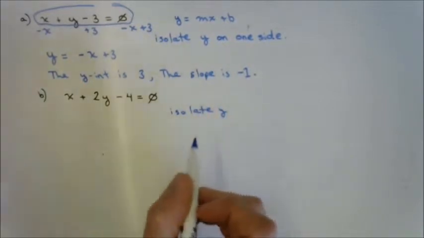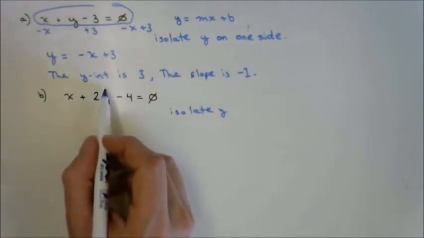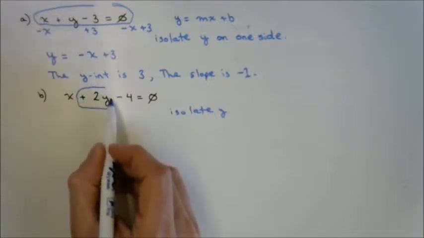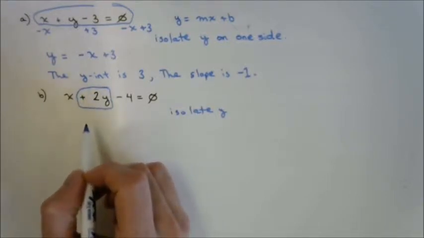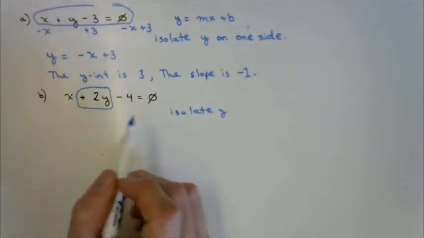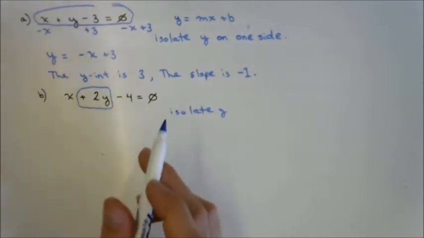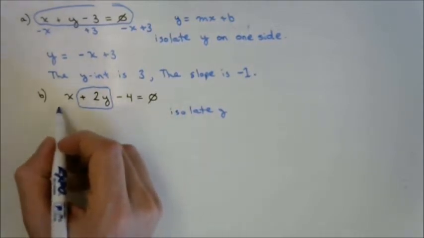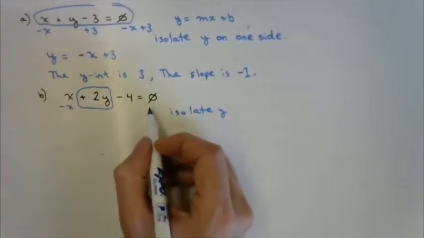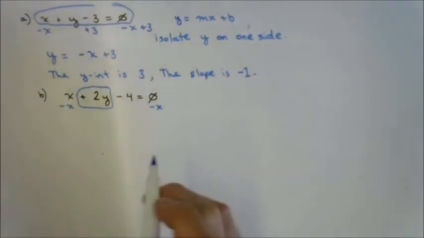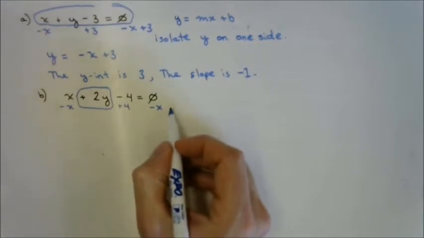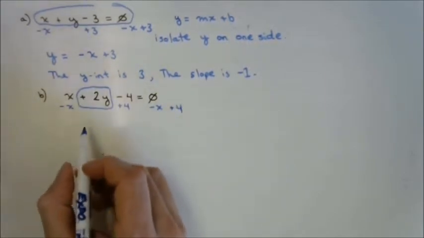But first, careful. These guys are glued together pretty tight, so I want to strip everything else away first. So I'm going to subtract x from both sides, and I'm going to add 4 to both sides. And then I'll just write that step.